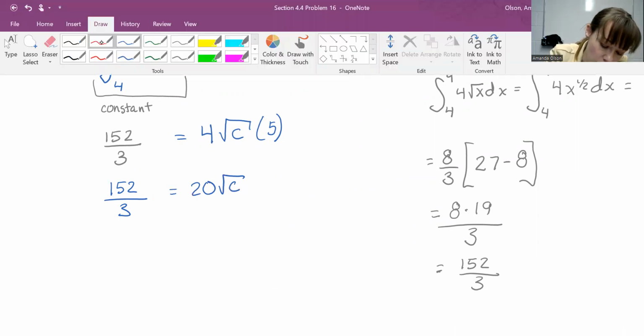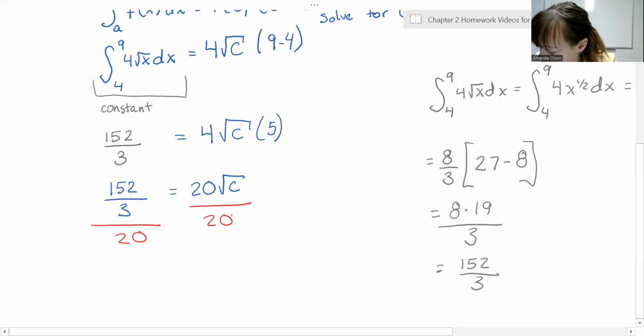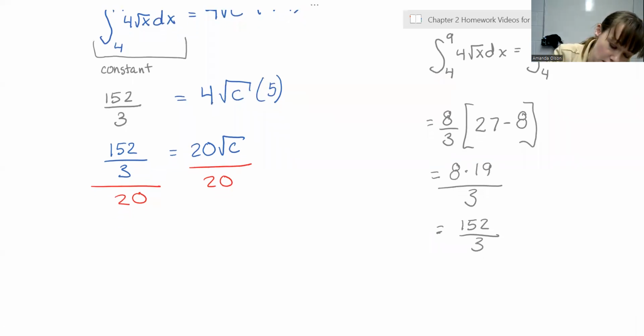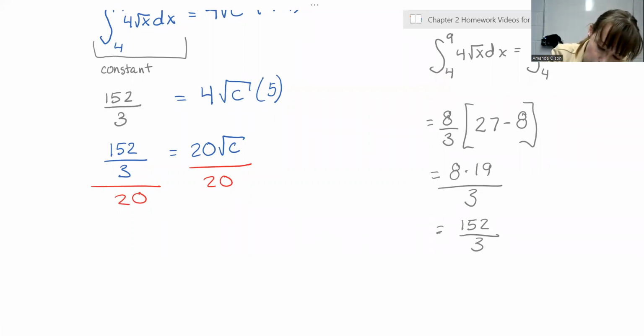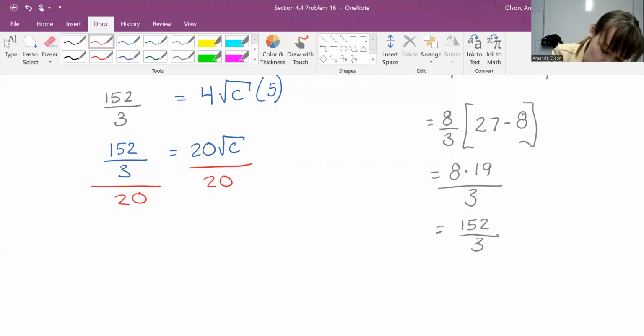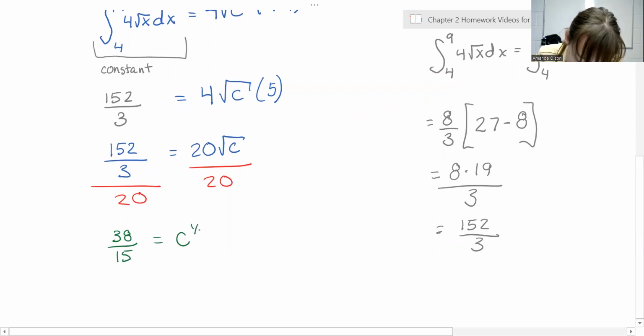From there, we can divide both sides by 20. That's going to give us not a nice perfect number, but that's okay. On the left-hand side, we get 38 over 15, which isn't a perfect square, but it's kind of hard to get perfect squares.